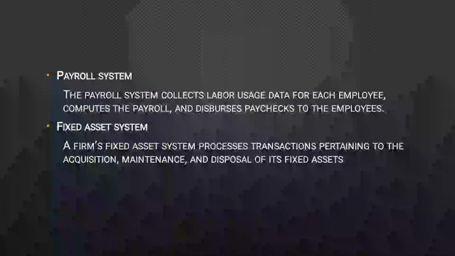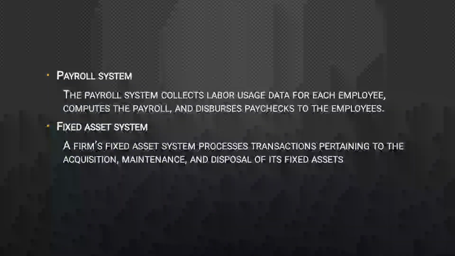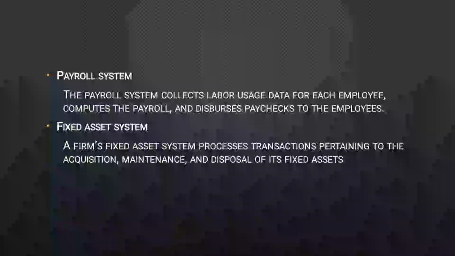So yung next naman is about payroll system. So the payroll system collects labor usage data for each employee, computes the payroll, and disburses paychecks to the employees. So dito sa payroll system, dito minamanage yung process sa paying employees and filing employment taxes. So yung next is fixed asset system.